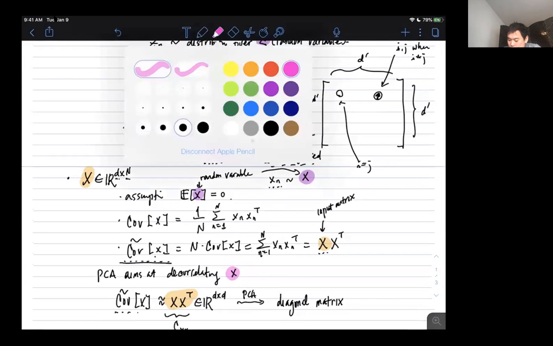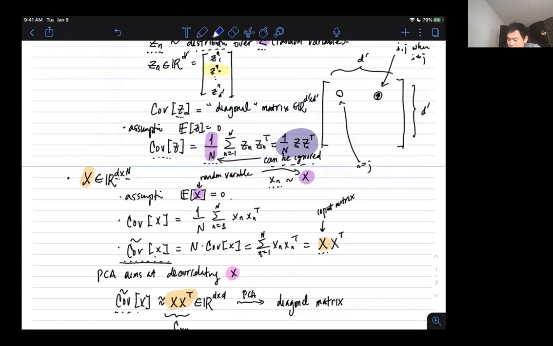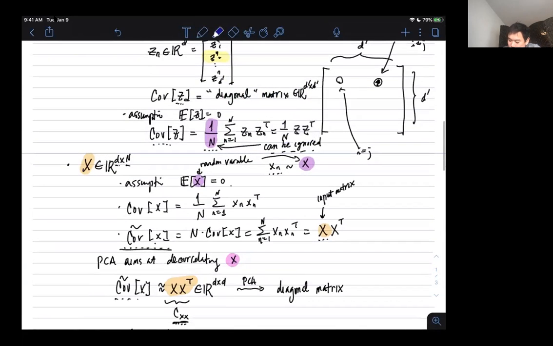So Z times Z transpose, and we talked about how 1 over n can be ignored because all we want is this covariance to be a diagonal matrix.